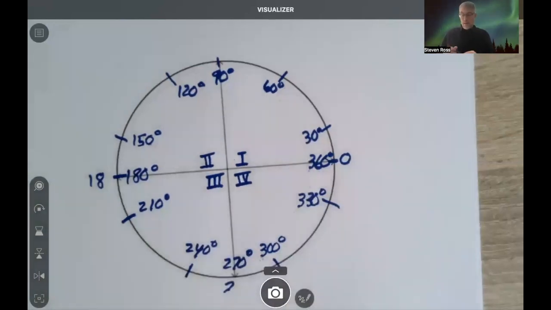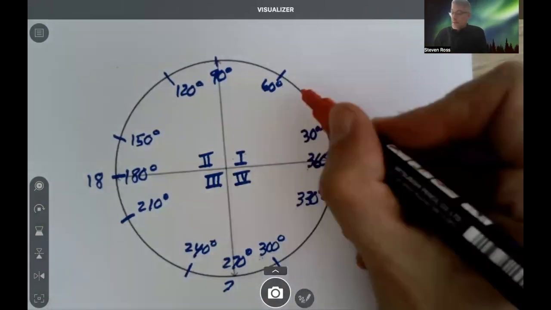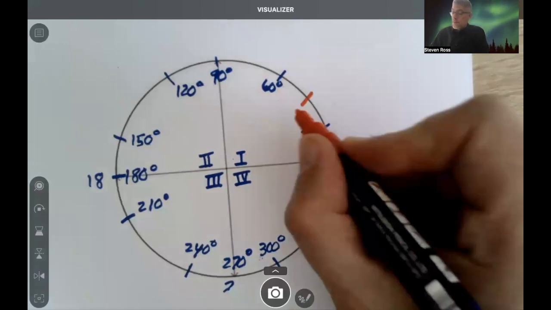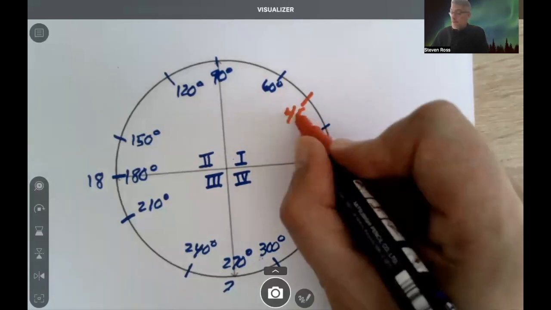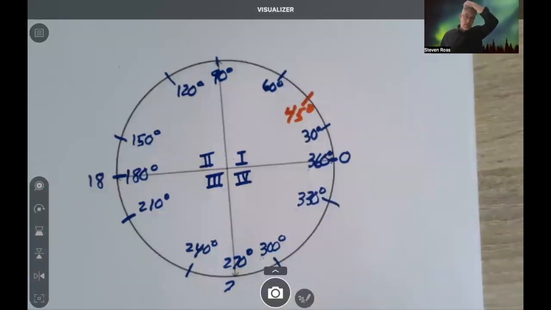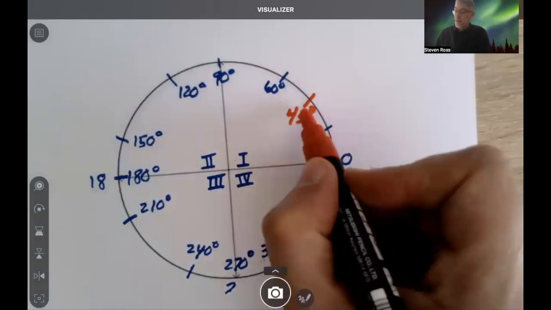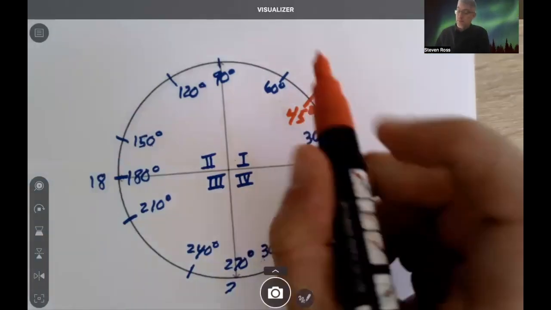So let's take a look at another special angle, the 45-degree angle. I'm going to put this in red, 45 degrees, and continue to count 45-degree angles. 45 plus 45 is 90.